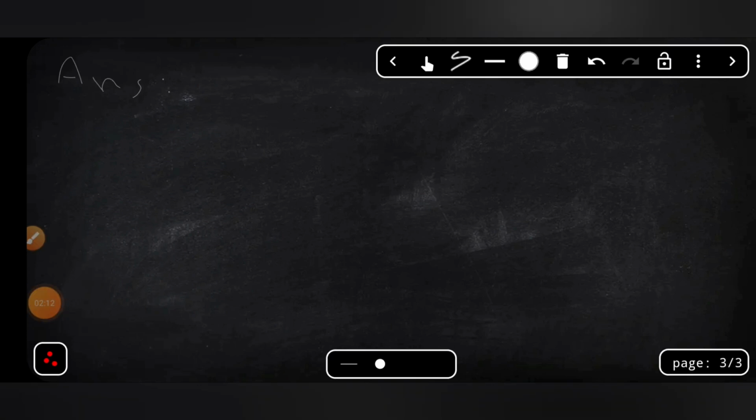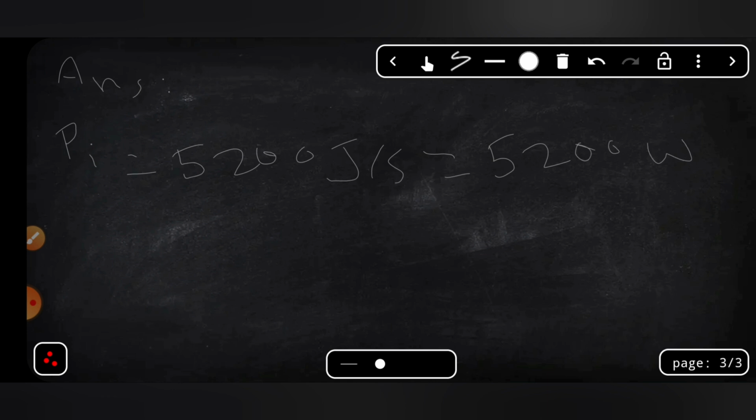So we have that our input power is equal to PI. Input power is equal to 5200 joules per second, and that's also equal to 5200 watts. And our output power will be PO.